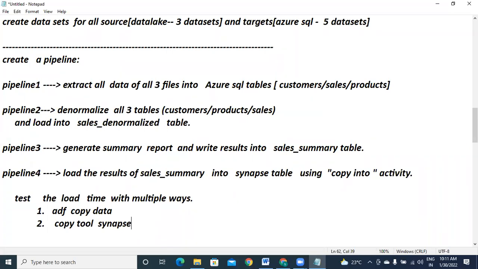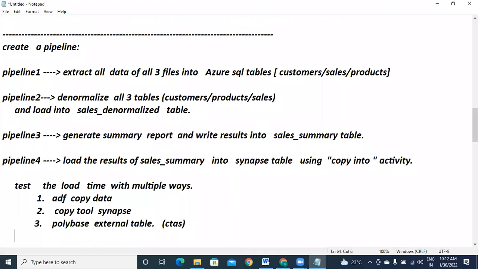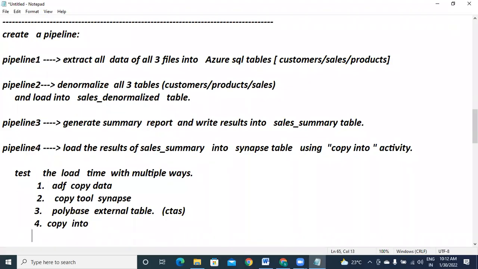Got it. And do test with the PolyBase external table mechanism. That means CTAS, CTAS2, and 4, copy into activity.